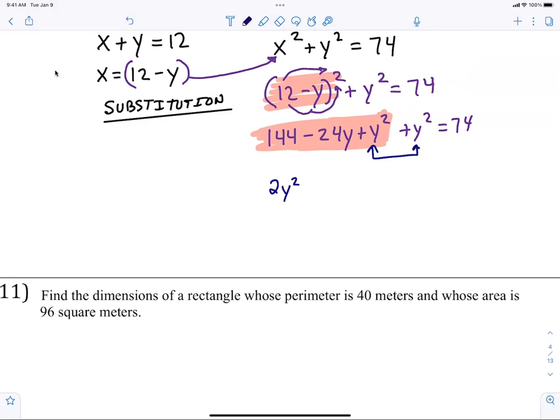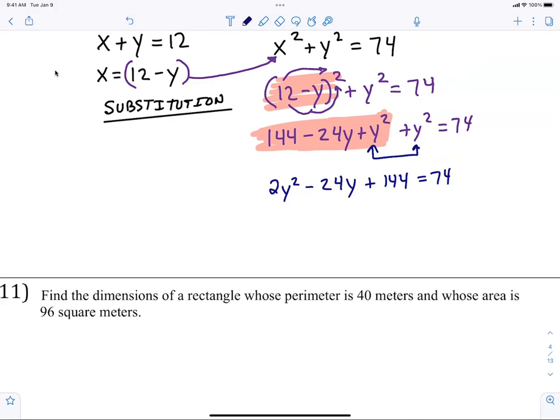Same principle. Y squared plus y squared: you have 1y squared and 1y squared. Together you have 2y squareds. Then minus 24y, and then plus 144 equals 74.